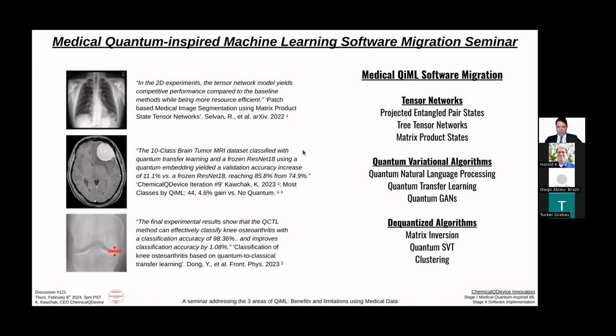I'll have to take care of that on the other slides, but it gives a very orderly account of the three main areas, starting with dequantized algorithms, then tensor networks, and then variational quantum algorithms, and some other ones too, highlighting the things that I was presenting today.